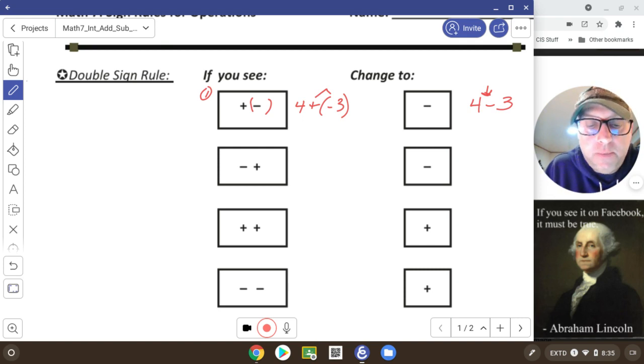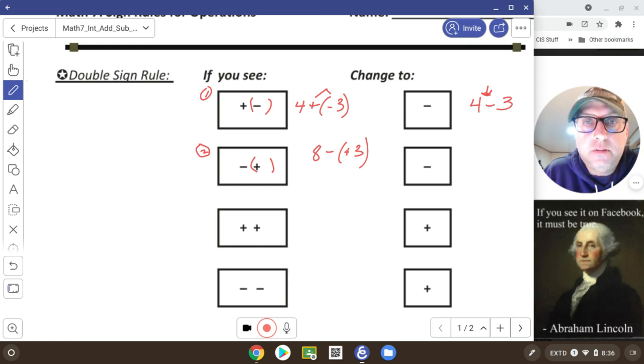If you happen to see case number 2, and again, this is not very common, but I have seen it in certain textbooks and websites, it's the combination of minus plus. It's a little bit odd, but let's take an example of 8 minus positive 3.